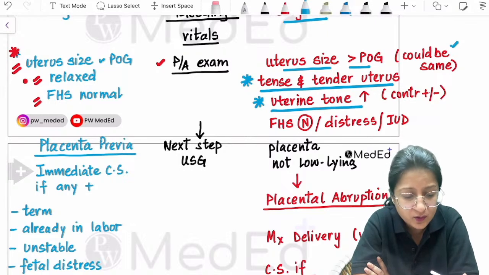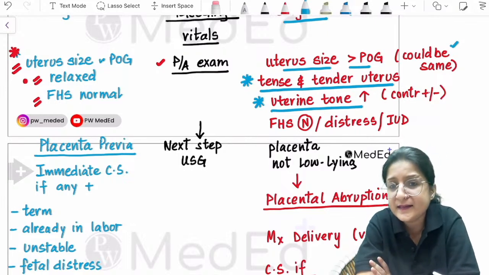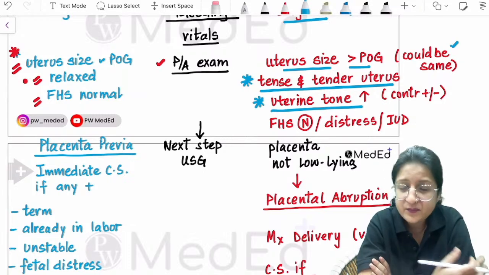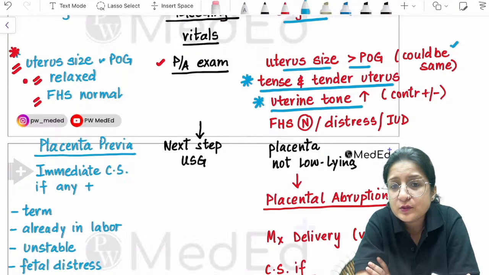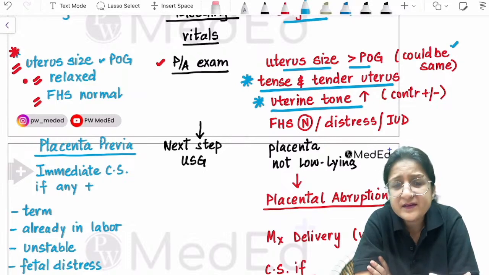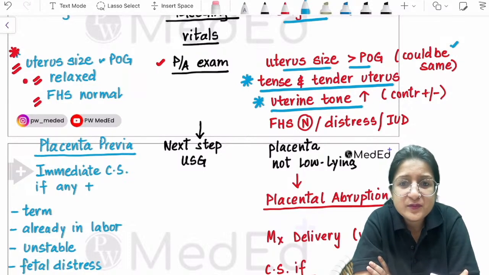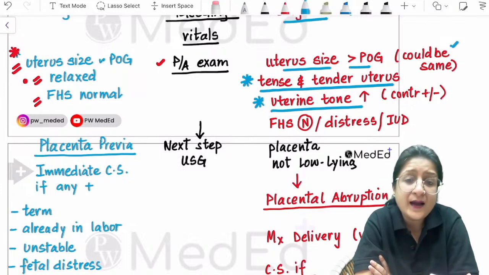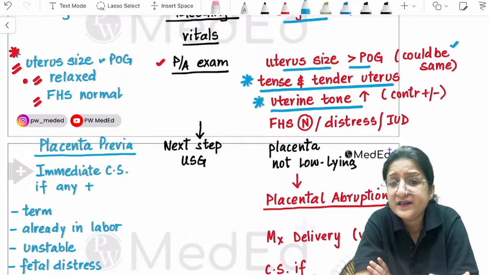The fetal heart rate could be normal, like we saw in the previous question. However, there could be fetal distress, or the baby could already be dead, depending upon how much of the placenta has separated. If there is a severe degree of placental abruption, then bleeding is excessive also, and fetal distress or even fetal death can happen.